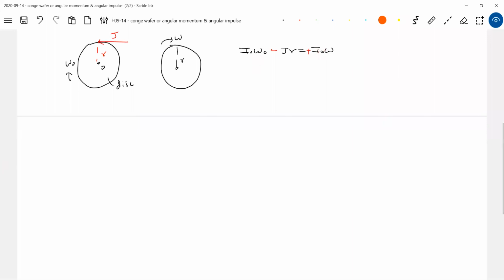This is one case. Now it can happen that I apply an angular impulse, just an introduction I'm giving. And finally, what happened to the rigid body?